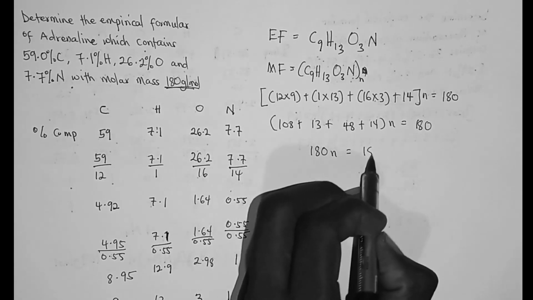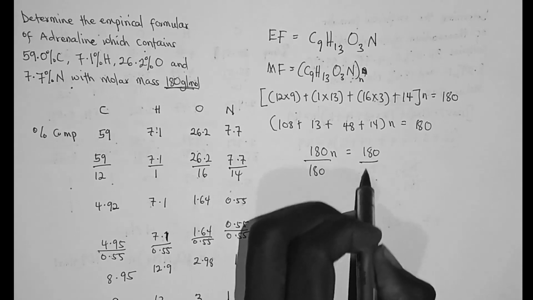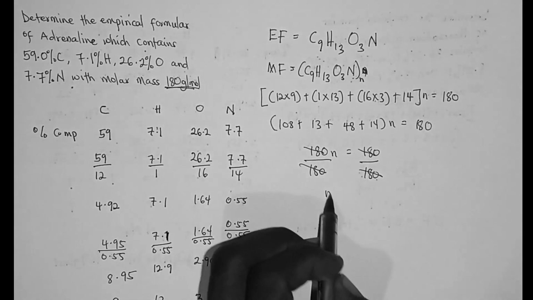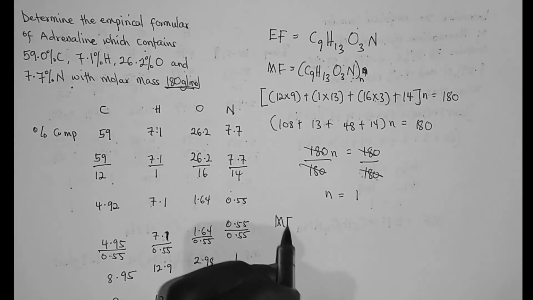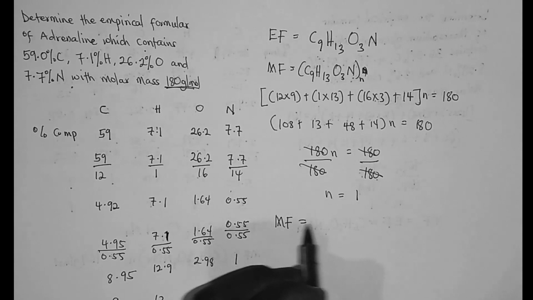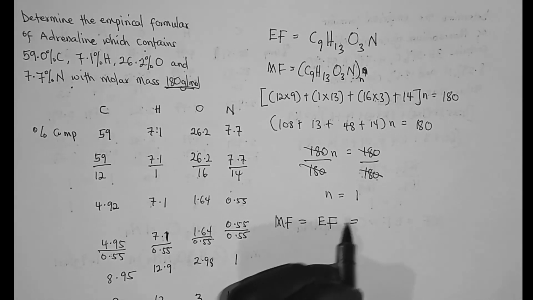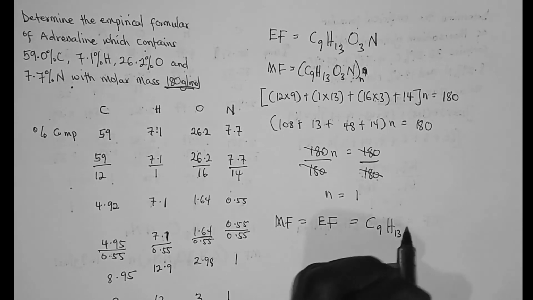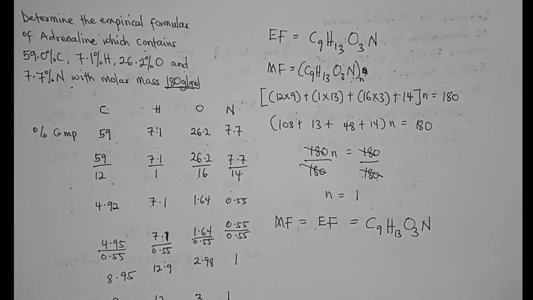So if you divide through by 180, you find out that n is equal to 1. This implies that the molecular formula of adrenaline equals the empirical formula of adrenaline, and that is equal to C9H13O3N. So this is the molecular formula of adrenaline.